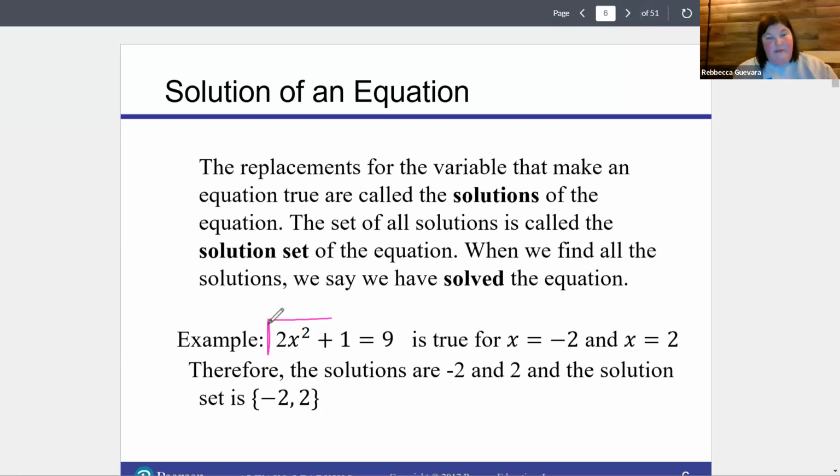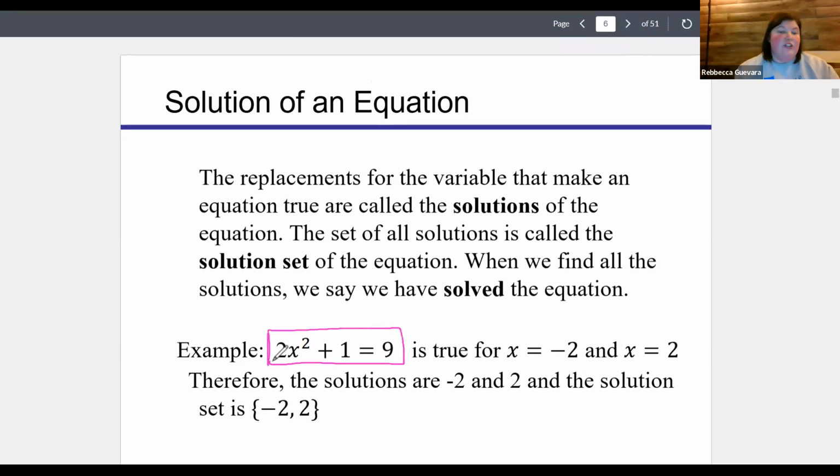So for an example, 2x squared plus 1 equals 9. This is actually true if x is -2, because then we'll have -2 squared, which is 4, times 2 is 8, plus 1, which is 9. Or if x is equal to 2, because 2 squared is 4, times 2 is 8, plus 1 is 9.